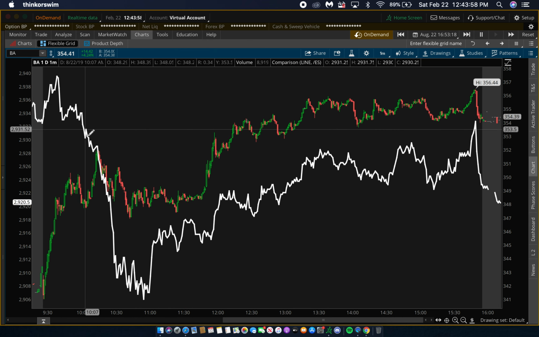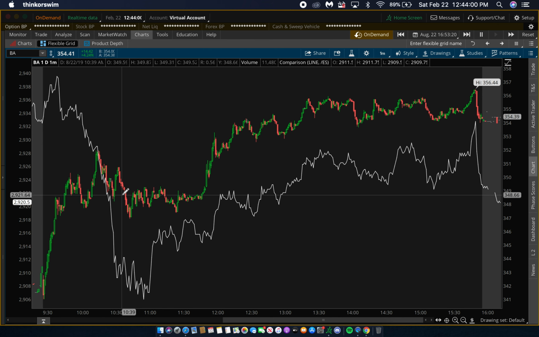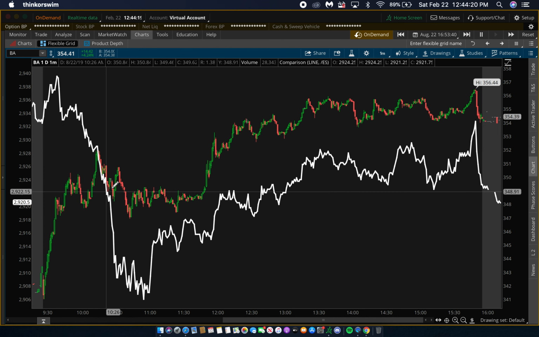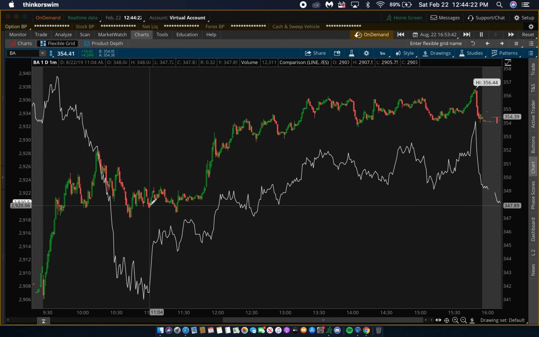As the S&P was selling off, Boeing held, and then as the S&P bounced after the lull hours between 11:30 and 12, you can see Boeing followed the S&P, and we got a nice move higher. The main point of this is that Boeing showed relative strength. As the market was selling off, Boeing held, and when the market finally did bounce, Boeing followed it.